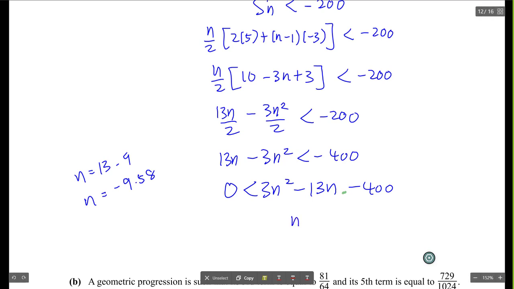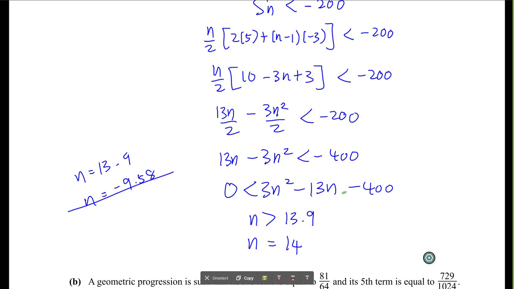That means n must be positive because it's bigger than 0. So n must be negative, just ignore it, bigger than 13.9. So the first number will be n equals 14.